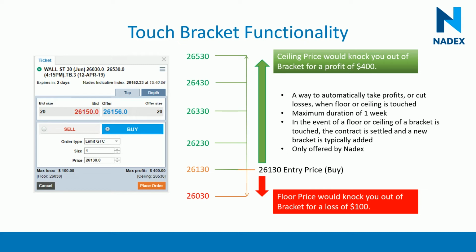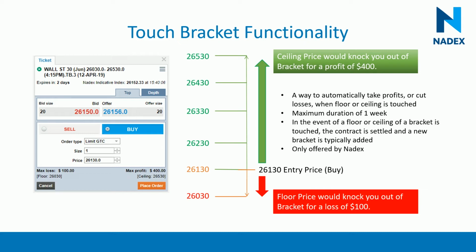If a bracket gets hit, and we'll talk about that because we've seen that, if a bracket does get hit, a new one will be generated in order to replace the previous one. The idea behind these brackets is whether you're a buyer or a seller, right? If you're a seller, your maximum risk is between where you sell and the ceiling, maximum potential profit from where you sell to the floor, right?